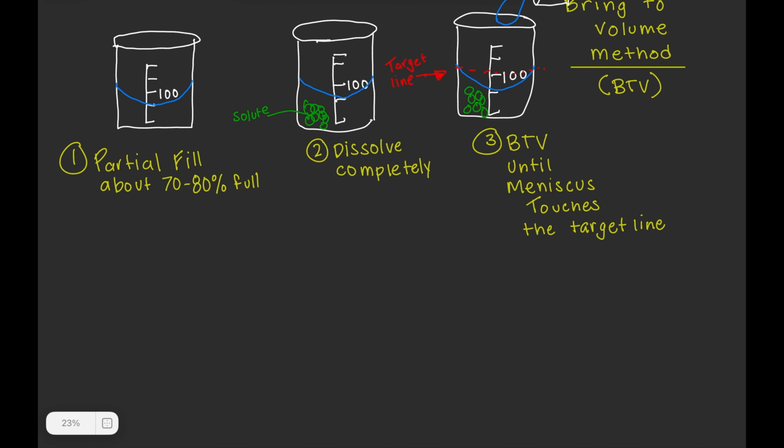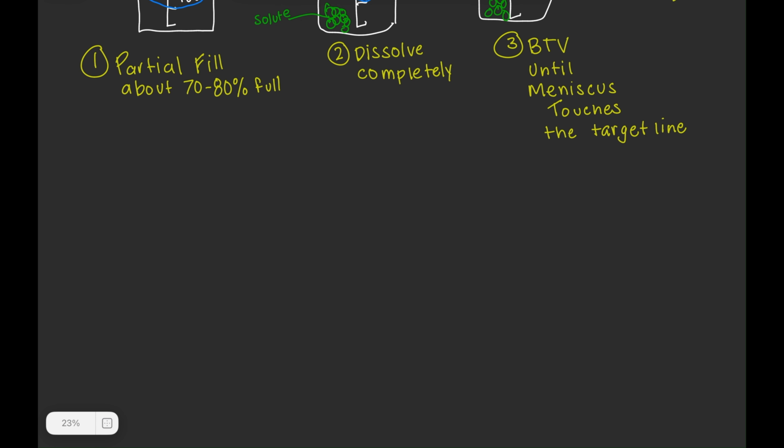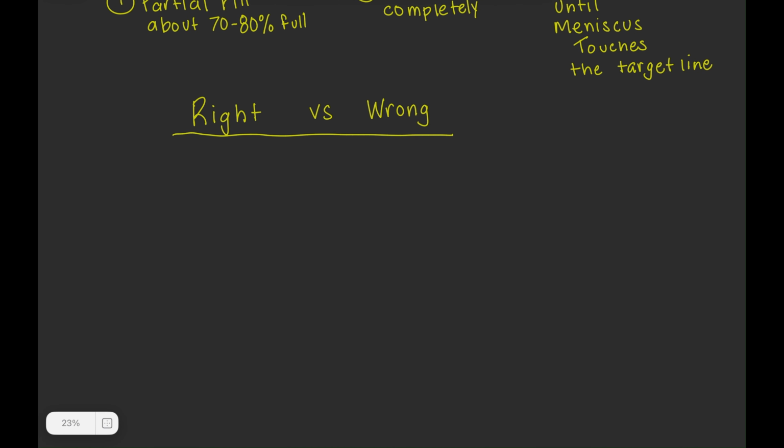So let's come down here and do a side-by-side comparison. We'll do our action up here, we'll write the wrong way in the middle, and then we'll do the right way. And the right way is going to be the bring to volume method.